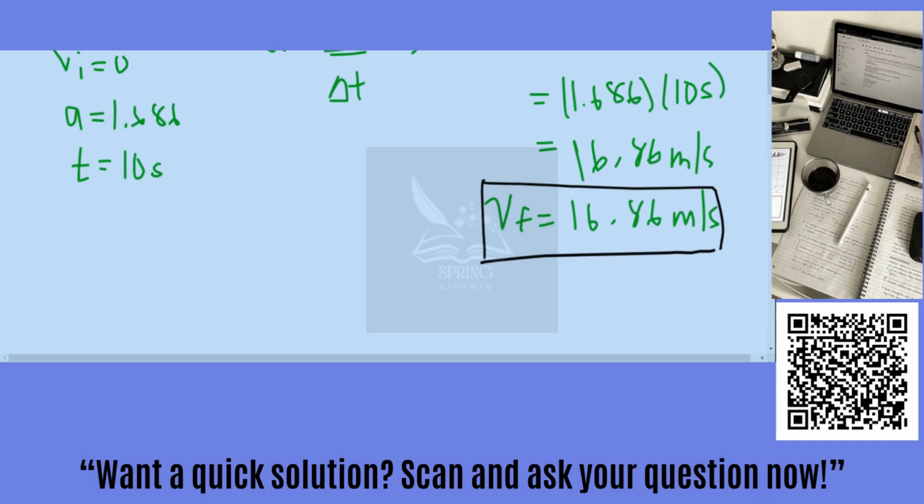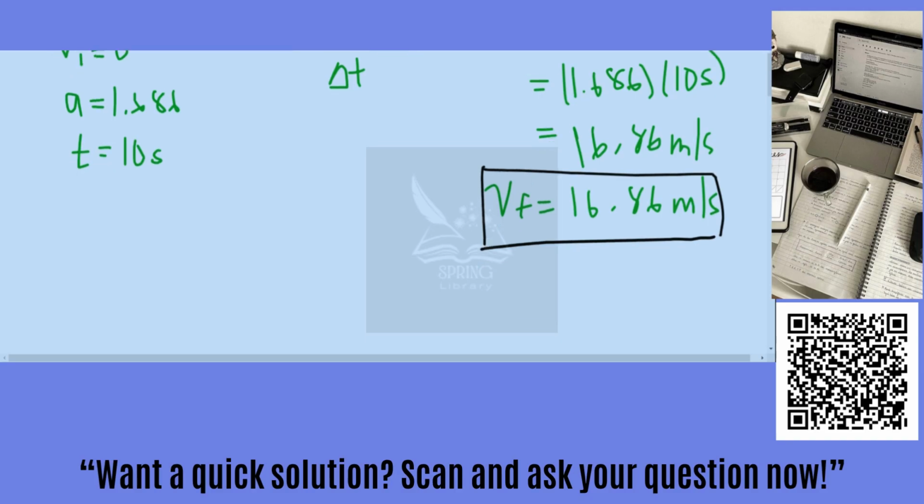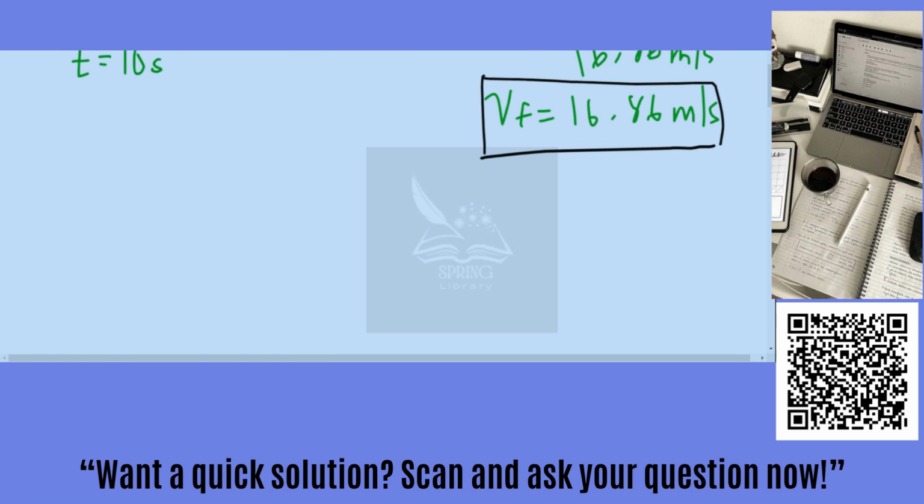In part B, we have to calculate how far Sam traveled when he finally comes to a stop. So there's two parts of the motion, one where the jet skis are working and one where they're not, right? So let's calculate those two displacements separately. Let's start working with the first part of the motion.